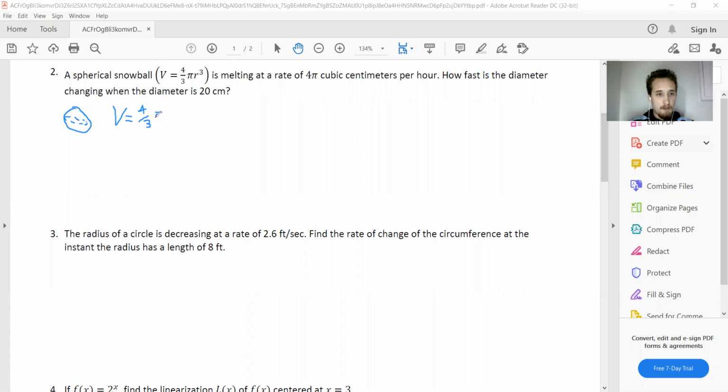Luckily, they've already done step 2 for you. They've given you the formula for volume of a sphere. So what do we know? We know that the snowball's melting at 4 pi cubic centimeters an hour. So the volume is changing, and because it's melting, it's decreasing, so it's a negative.